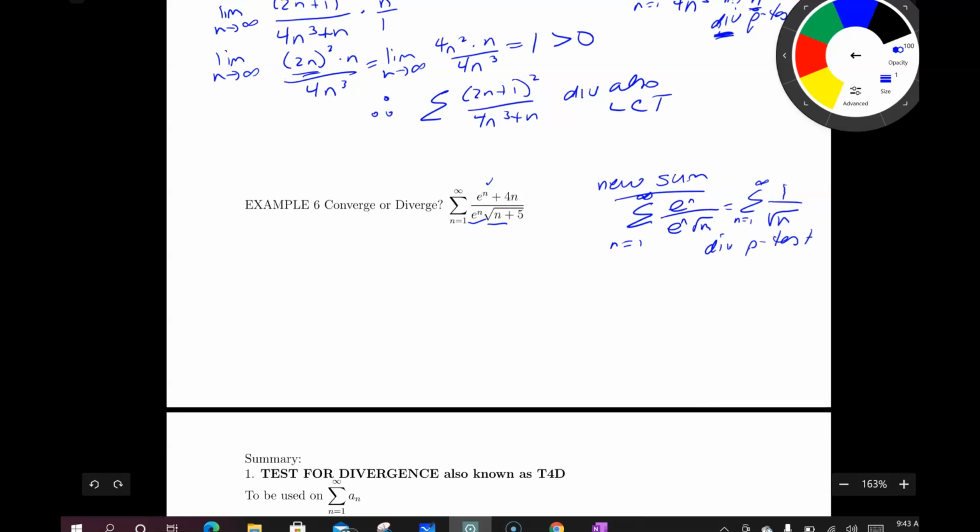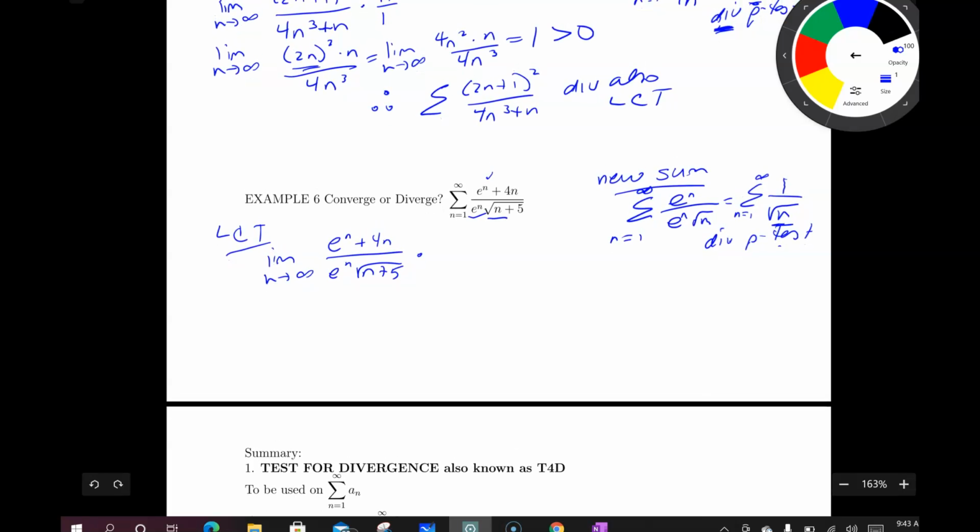So now I'm ready to do the limit comparison test. Limit as n goes to infinity. Write down the whole original problem, and multiply by the reciprocal of my new one, so root n over 1. Now remember, I'm doing highest powers when they're multiplied together. In the numerator, this times this is the highest powered term.